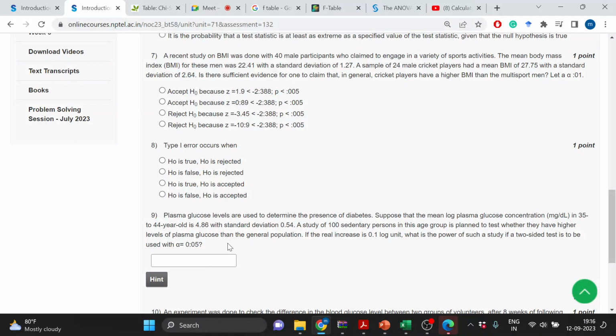Okay, so mean of S1 and S2. So mean is given. So you do a t-test, okay, for a 2-sample t-test.